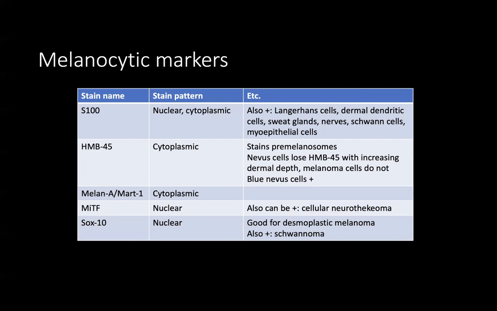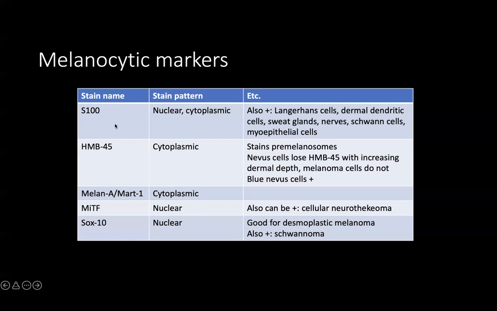Desmoplastic melanomas are a subtype of melanoma that unfortunately is often negative for Melan-A, which is another common cytoplasmic marker of melanocytes. So SOX10 is a really good screen to make sure you're not missing a desmoplastic melanoma. It is also positive in other neural neoplasms. So SOX10 marks neural cells as well. So schwannoma or neurofibroma will be diffusely positive for SOX10.